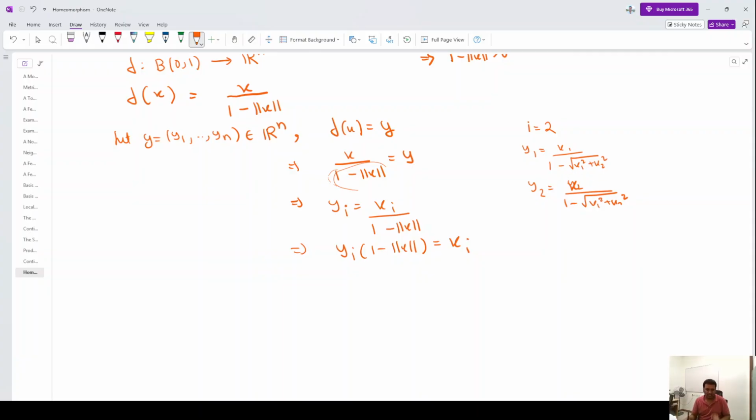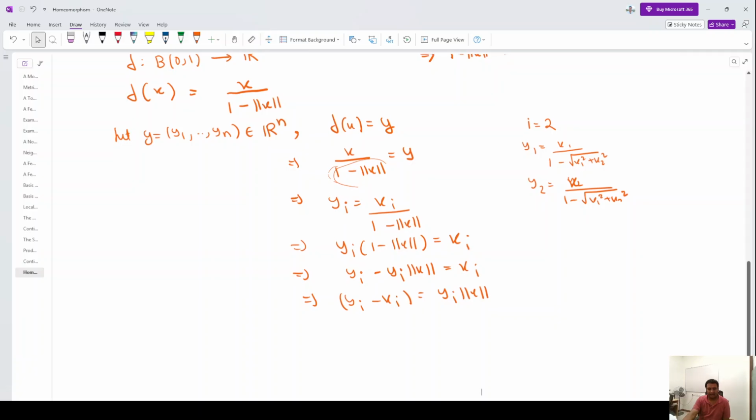This square root. So let us simplify this. This is yi minus yi norm x equals xi. Now take this thing this side and this thing this side. So yi minus xi equals yi norm x.